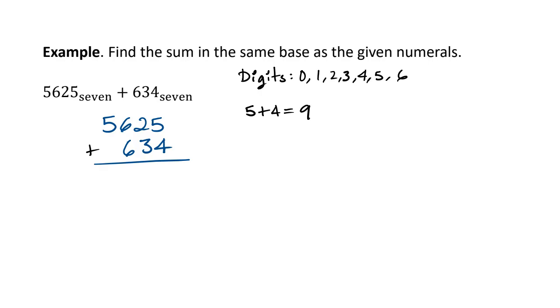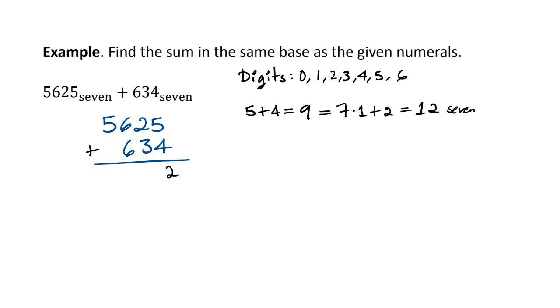So I start by adding the units. 5 plus 4, this is 9, but 9 is greater than 6. So I need to write it in base 7. Well, because 9 is actually 7 times 1 plus 2, then these two numbers represent 9 in base 7.